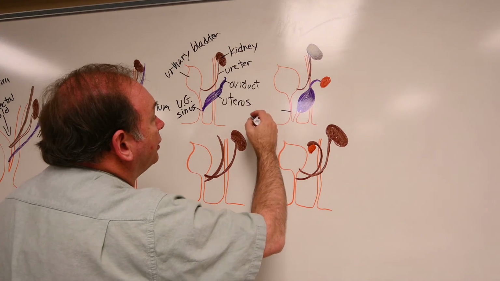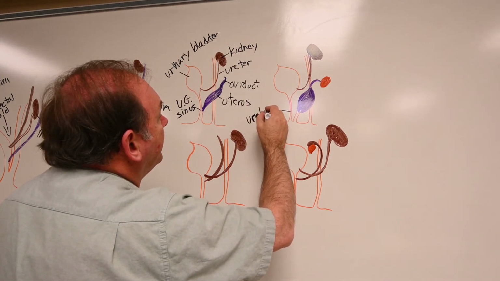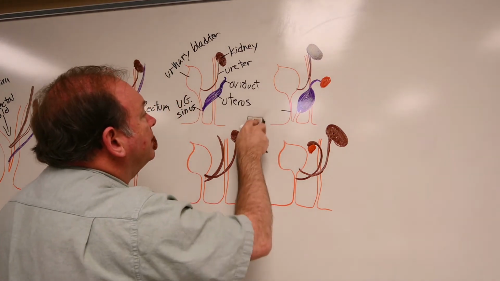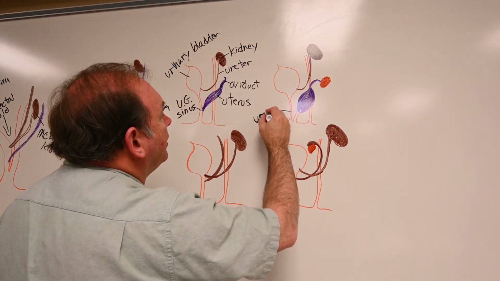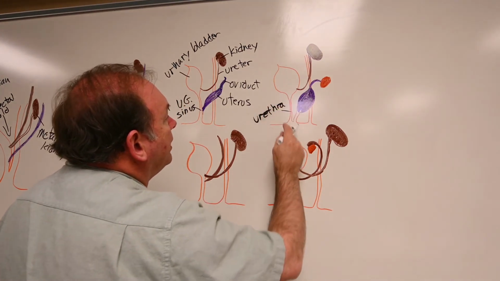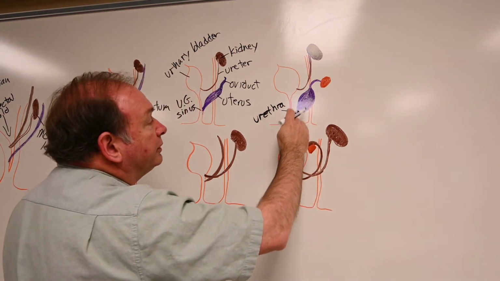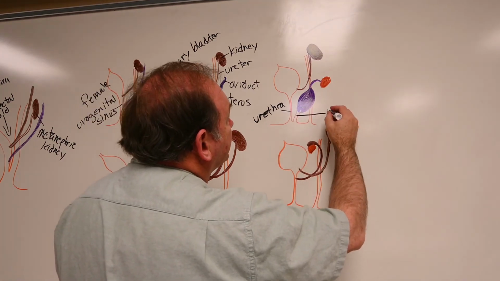This is no longer called a urogenital sinus. This is simply a urethra. In this part and here, now we have this section derived mostly from the wall of the old cloaca or urogenital sinus, and that's vagina.